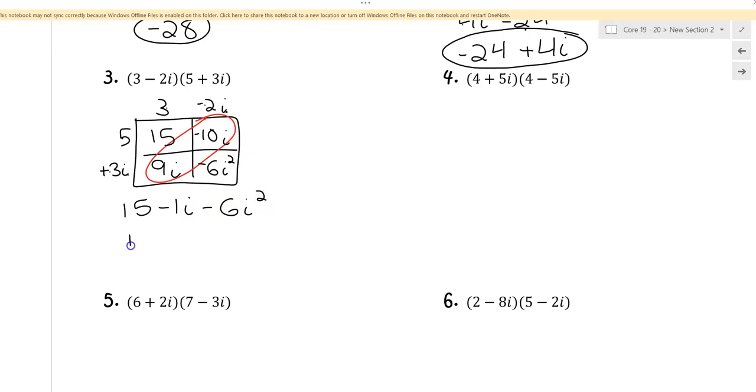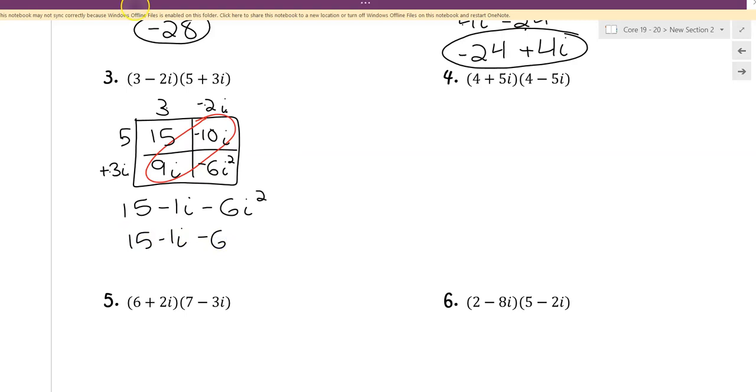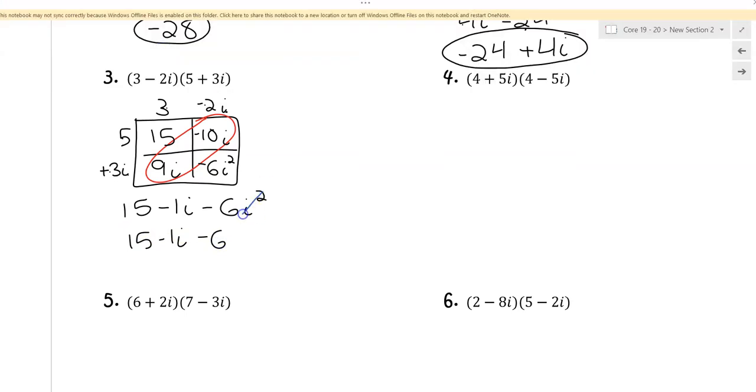Now that i squared, we must replace with -1. So we now have 15 minus 1i. -6 times -1 is positive 6. And hey, look, I can combine these now. 21 minus 1i.